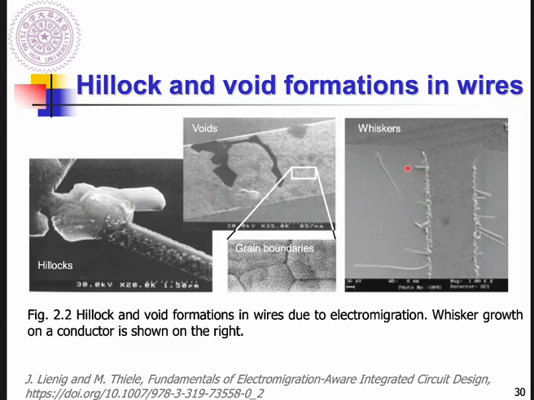This is whiskers, also one type of extrusion. On one side you can observe the helix, and on the other side you will probably see the void. This is due to electron migration, and whisker growth is also a typical sign of the electron migration phenomenon happening on your conducting wire.